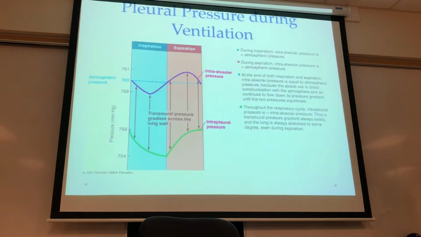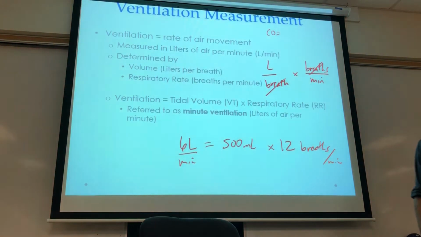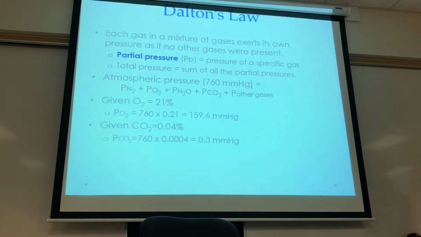So Dalton's law is just basically taking the composition of a particular gas. If we're looking at oxygen, for instance, we're going to look at the partial pressure of a specific gas in a measure of air. So when we look at an entire vessel of air, whether it's in this room, we know 21% of that is oxygen.